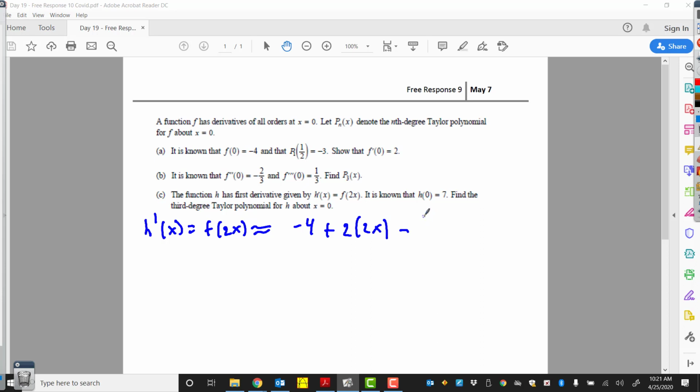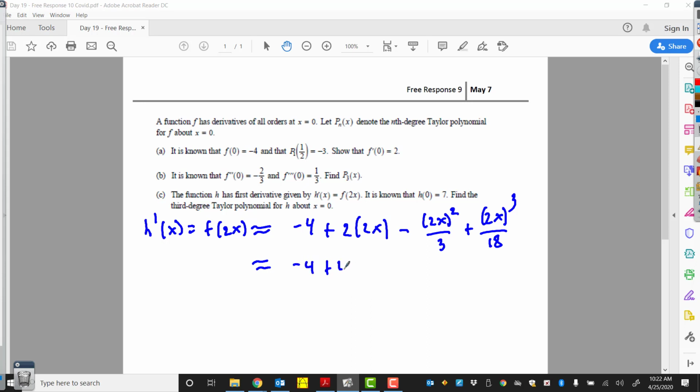Minus 2x squared over 3 plus 2x cubed over 18. So that's what it tells us right here, that h prime of x, the derivative of h, is equal to f of 2x. So let's go ahead and simplify this real quick.